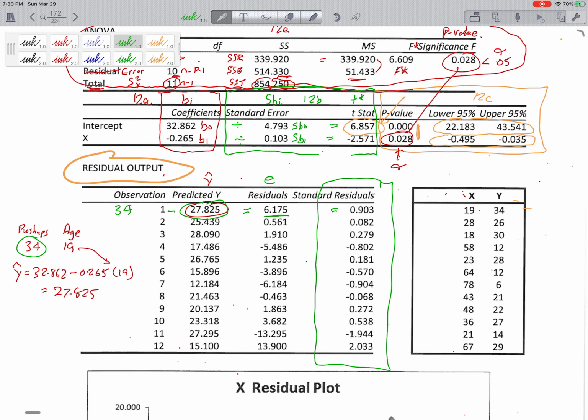So basically plus or minus 2. So what statisticians do is they look at the error terms, which are normally distributed, and any of them outside plus or minus 2 are outliers. This guy is an outlier.